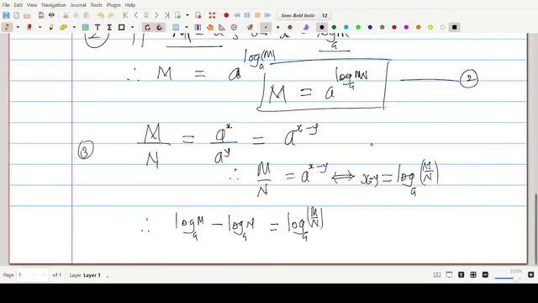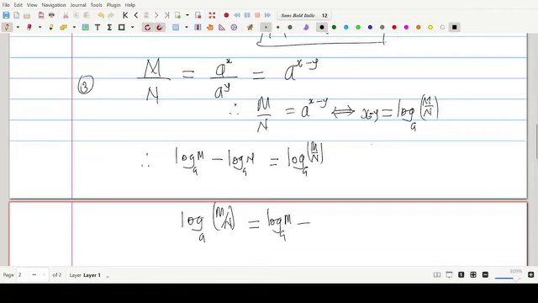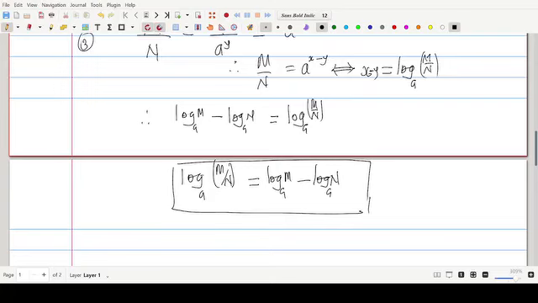All right, so rearranging this latter expression, we have the result as log to the base a of m over n equal to log to the base a of m minus log to the base a of n. All right. So this is another important result that should be taken into account. Very important. We shall be using all these laws to solve practical problems. So take note of this. That is one law you should consider.